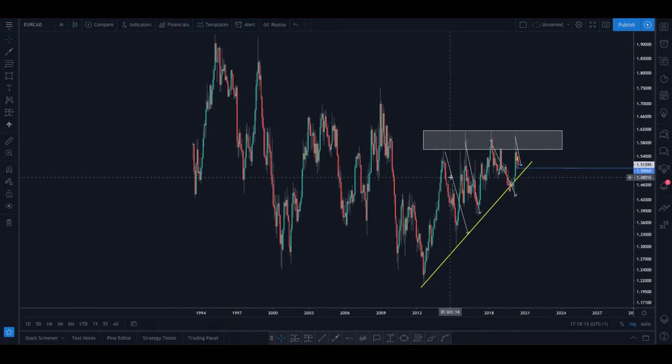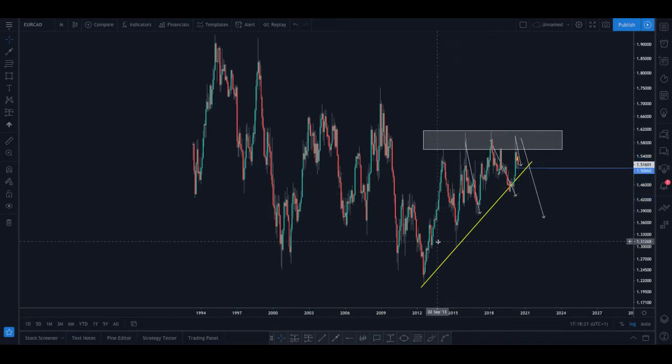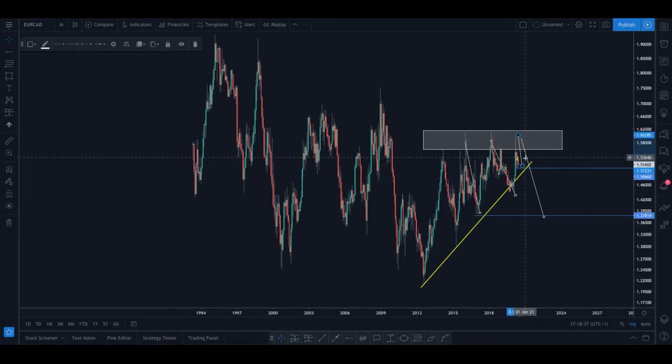Usually price sells off very heavily, so we could be seeing a move back into this level, to this monthly, definitely yearly demand. Right now I still think there's more downside potential, as we've only moved down a little bit. But definitely this is one to watch in the near future.